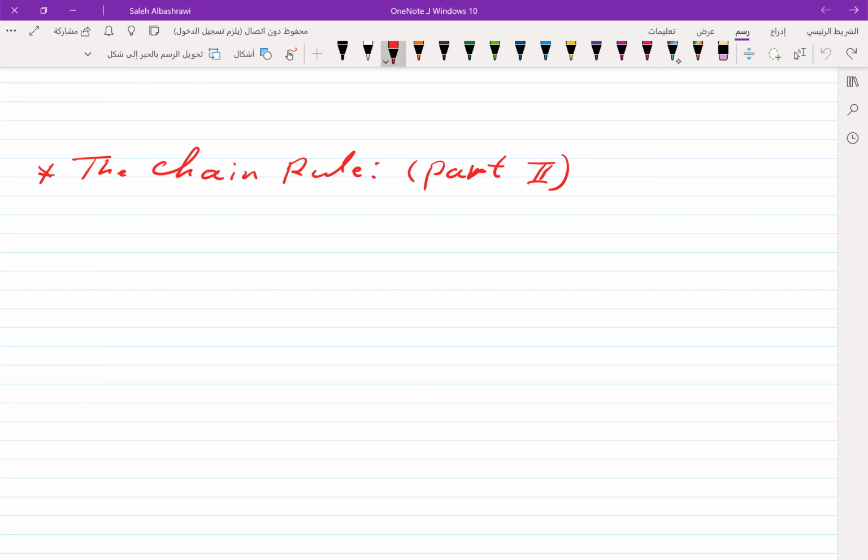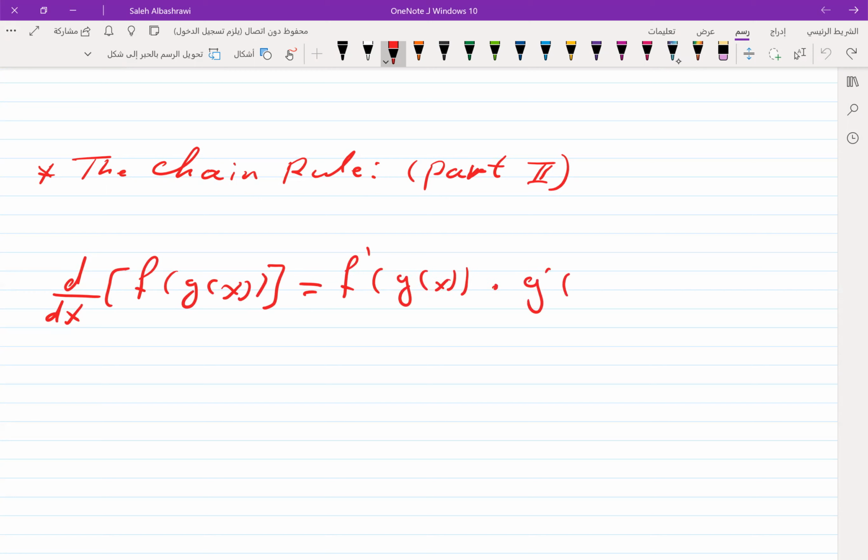And we said that the chain rule is stated by d by dx of the function is equal to f prime of g of x multiplied by the derivative of the function inside. And we said it is the derivative of the composition of two functions, and we gave just a picture for this one to make it easier to understand.